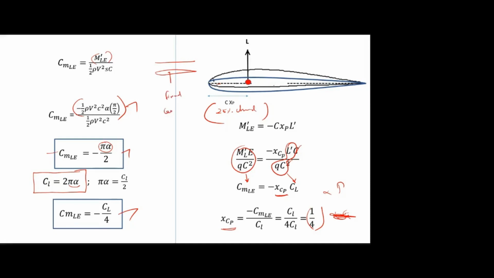The center of pressure location is fixed, and it lies at 25% of the chord. From this derivation, for a thin symmetrical airfoil or flat plate, the center of pressure location is fixed because there is no variable here, and it lies exactly at 25% of the chord.